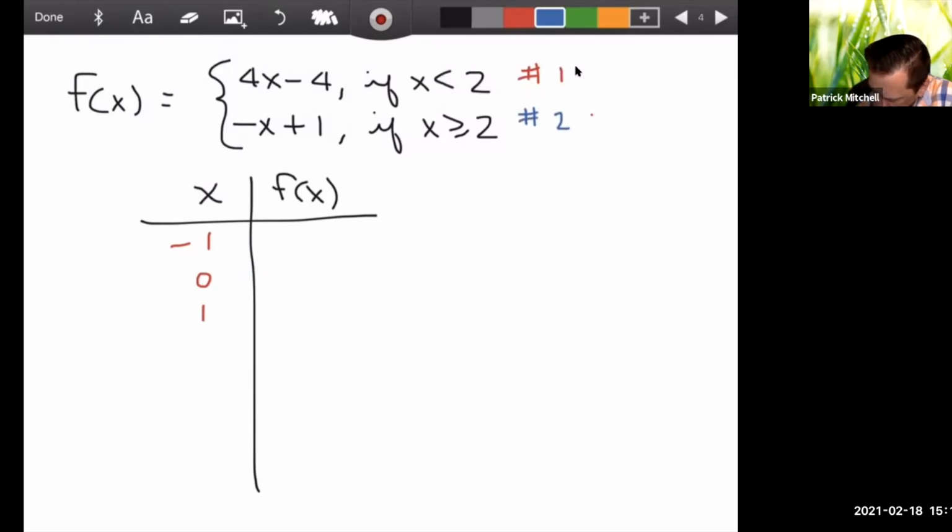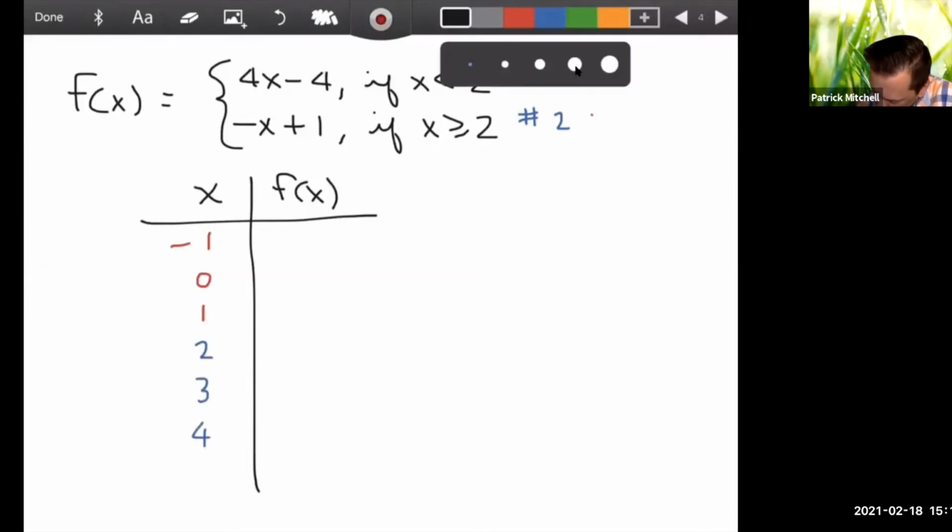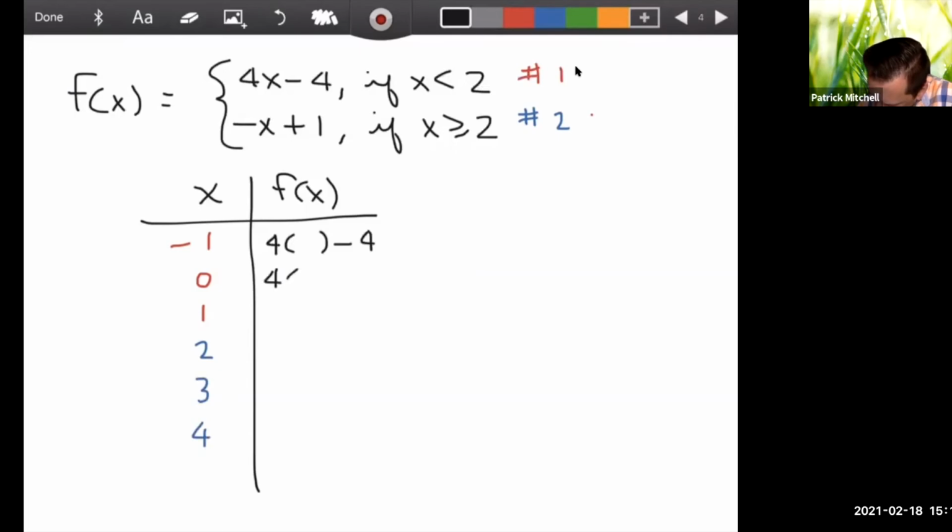Let's say 2, 3, and 4. Rule number 1 takes a number, multiplies it by 4, and subtracts 4. Rule number 2 takes a number, flips it to the opposite, and then adds 1.